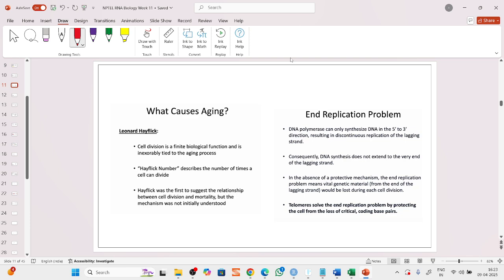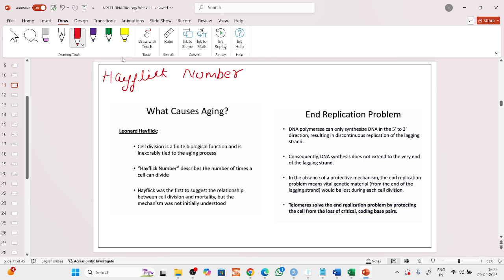How is aging actually caused? There is a term known as the Hayflick number. So what is this Hayflick number? Cell division is a finite biological process and it is inexorably tied to the aging process. How?